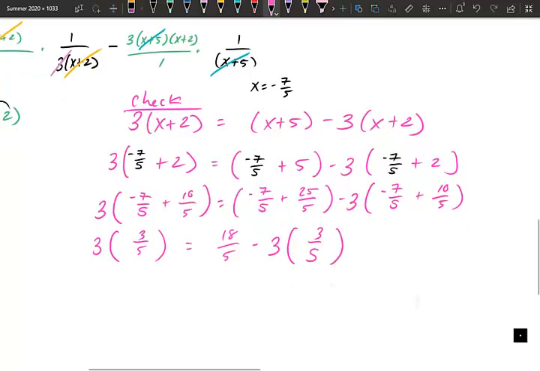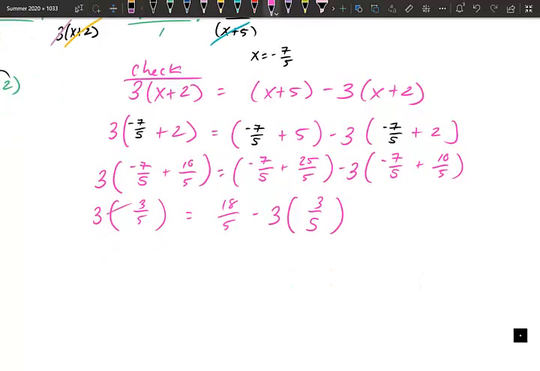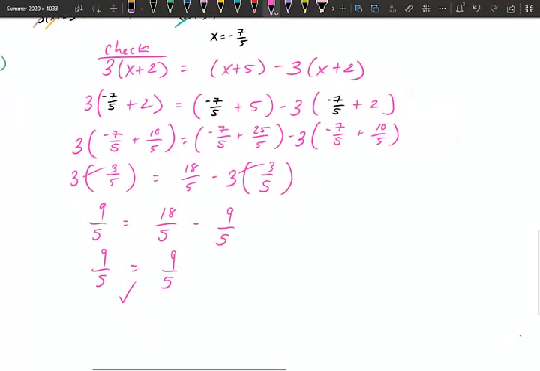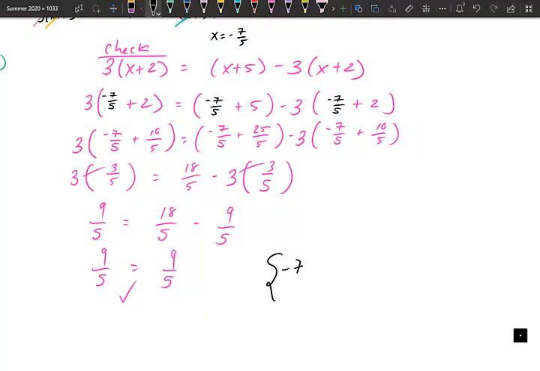So let's keep it going. We multiply straight across. And we have 9 over 5 equals 18 over 5 minus 9 over 5. So 9 over 5 does equal 9 over 5. That is a solution. So we can say negative 7 over 5 totally works.